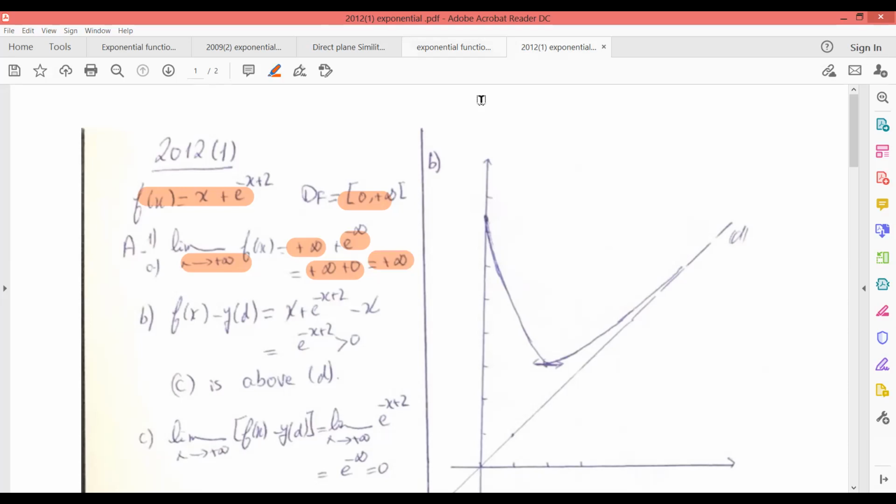Replacing x by infinity, we see e to the minus infinity, which is 0. Therefore, the line D with equation y equals x is an oblique asymptote to C at plus infinity. So to prove an oblique asymptote, we have to prove that the limit of f(x) minus y_D as x tends to infinity is 0.